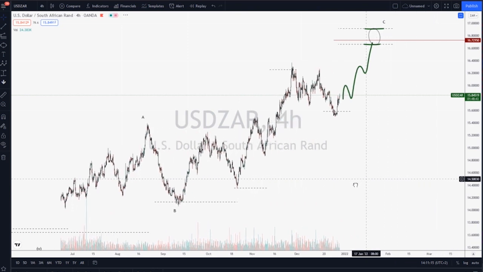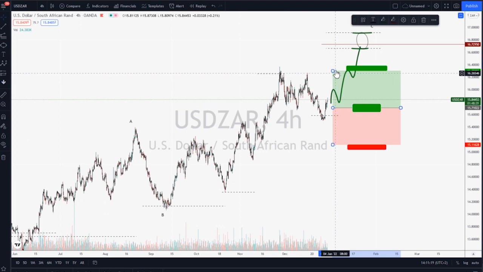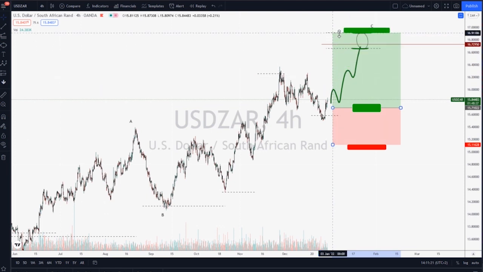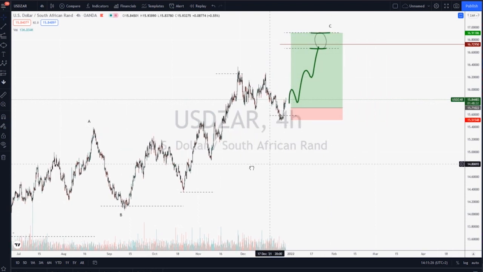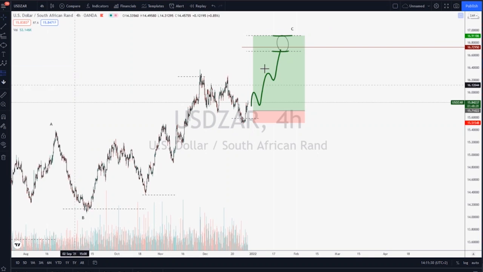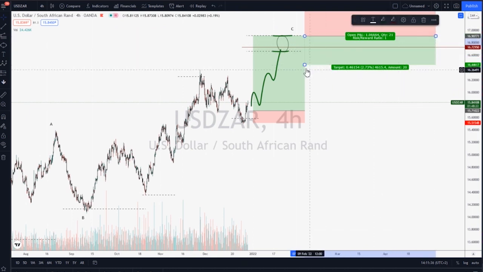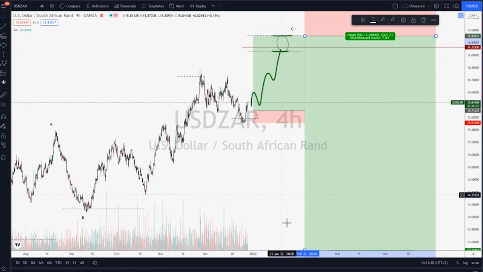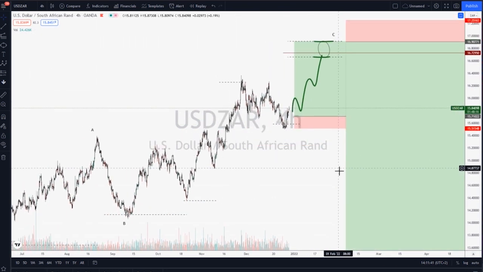And we can experience a minor long position for USD ZAR, and a long-term sell position for USD ZAR.